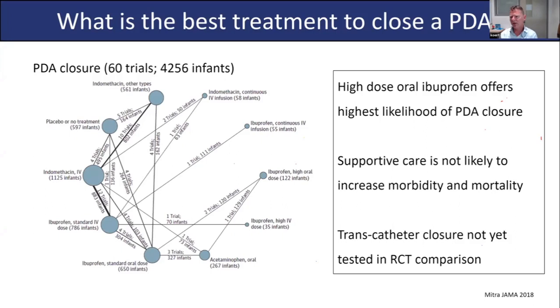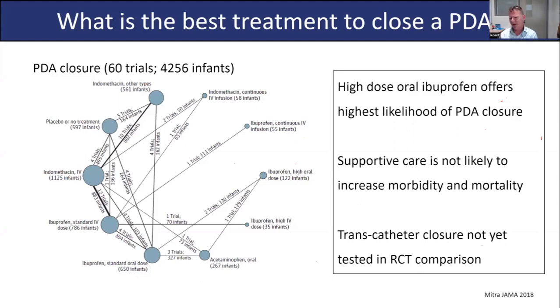He also made a comment that supportive care is not likely to increase mortality. But as mentioned in a lot of these trials, babies in the placebo group did receive open label treatment.